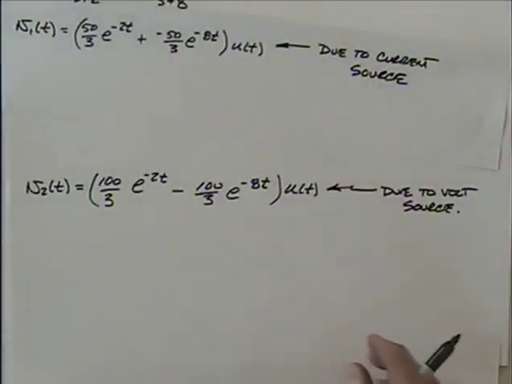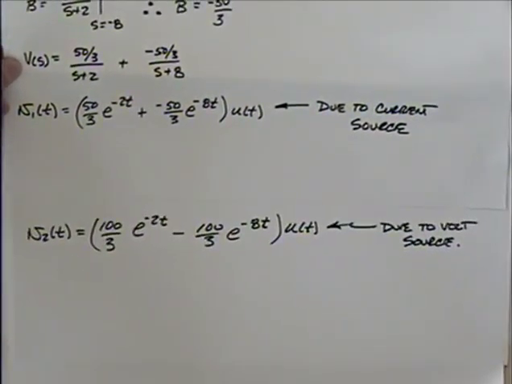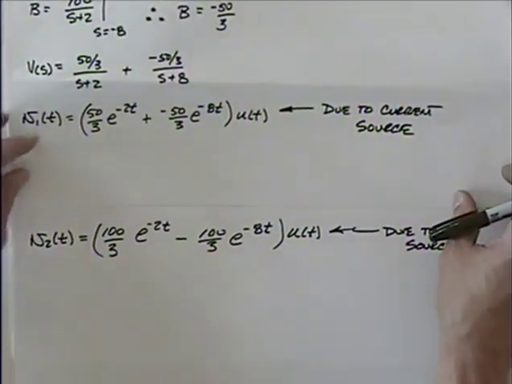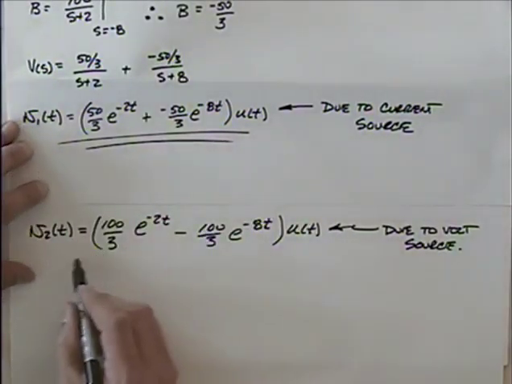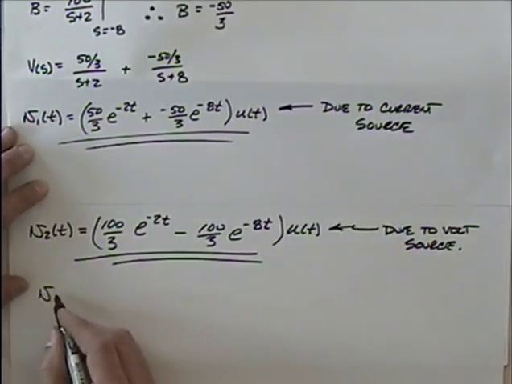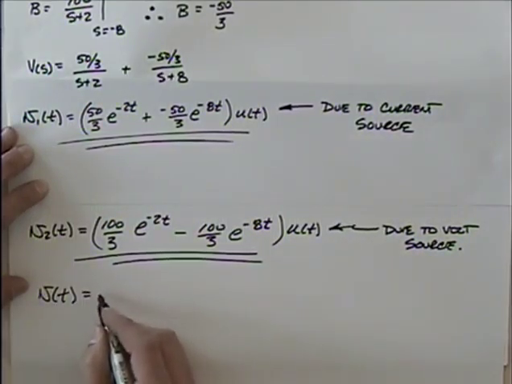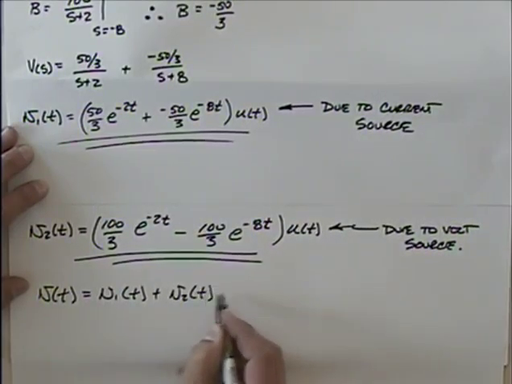So let me add those up. I've got this one that I'm going to add to that. That is to say that V of t is equal to V1 of t plus V2 of t.